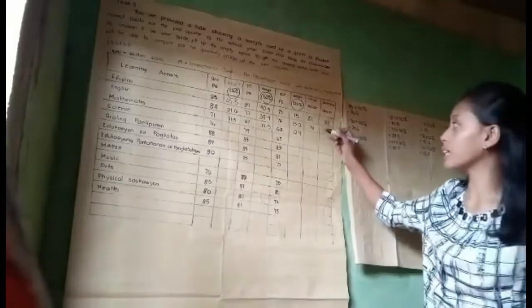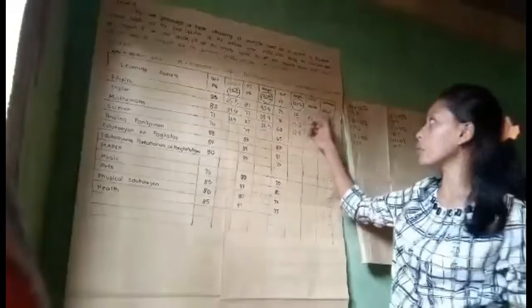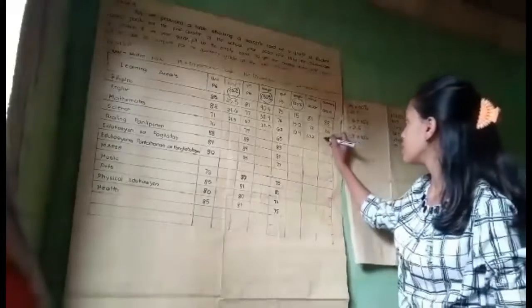So our initial grade in mathematics is 67.2. To find the quarterly grade of mathematics, we transmute. The transmutation of 67 is 79.